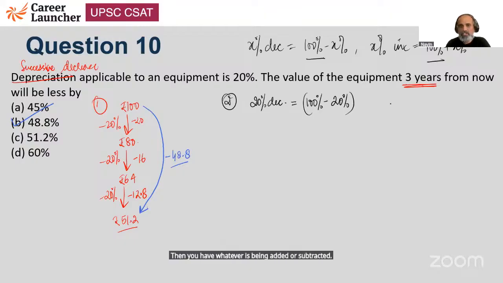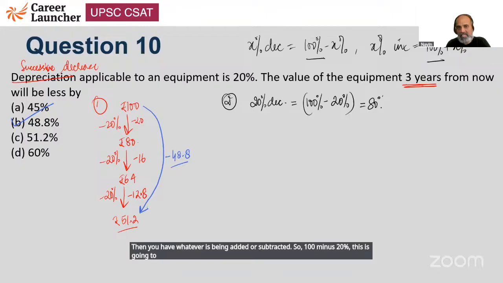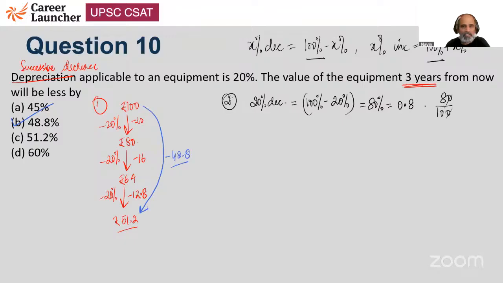So 100 minus 20%, this is going to be 80%, and 80% can be written as 0.8. Why? Because 80% is 80 by 100, 0.8. Okay? Now, I will be writing 0.8 how many times? 3 times.